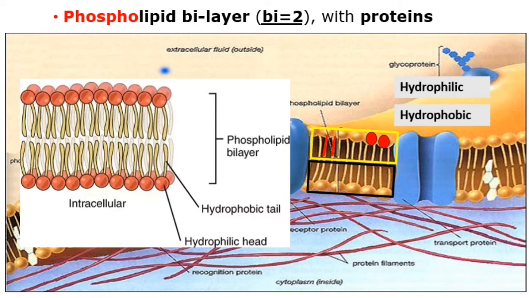So molecules cannot pass through so easily. Now, there are some molecules that could easily pass through our cell membrane, but many molecules cannot. Because, like I said, the function of your cell membrane is the boundary. It's a semi-permeable membrane that would restrict or control the entry and exit of substances.